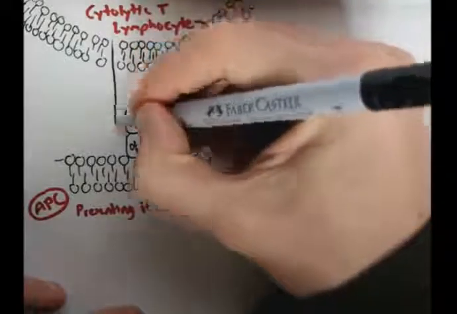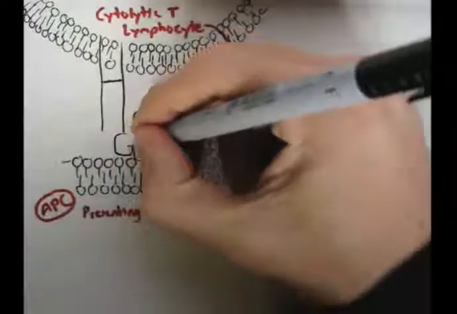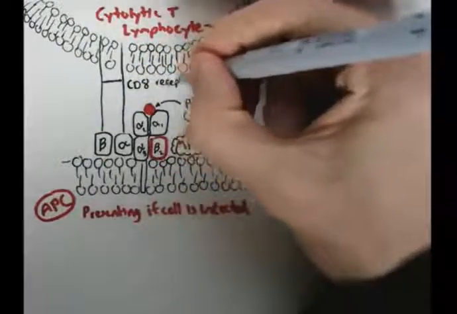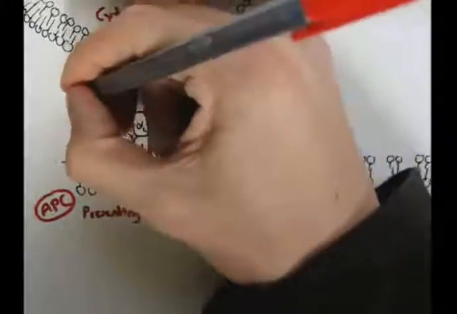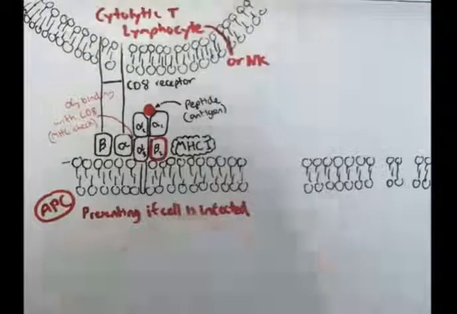The T killer cell has a special receptor, also consisting of alpha and beta domains, where the alpha 3 and the alpha of this receptor are able to bind. Now this receptor is known as the CD8 receptor, which is special for this particular type of T killer cell.